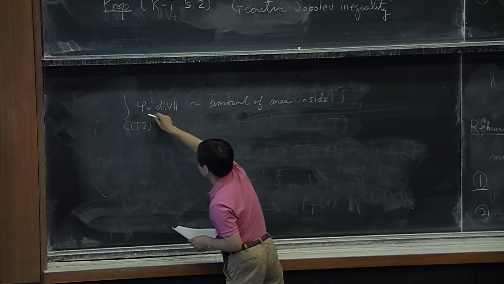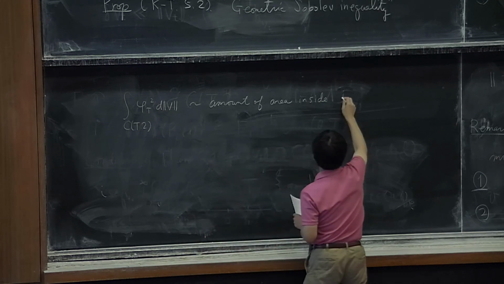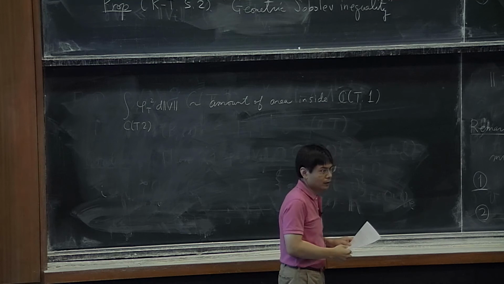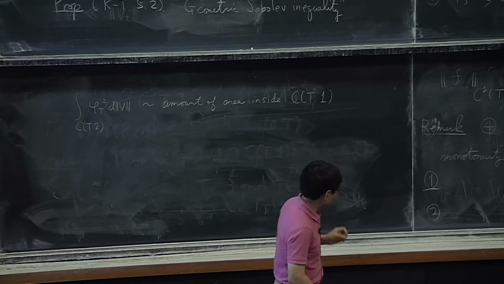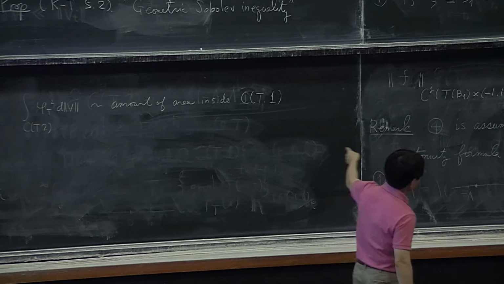But notice that this is almost like a characteristic function of cylinder 1. So inside of the cylinder of T1, that's the amount of area inside of this cylinder.